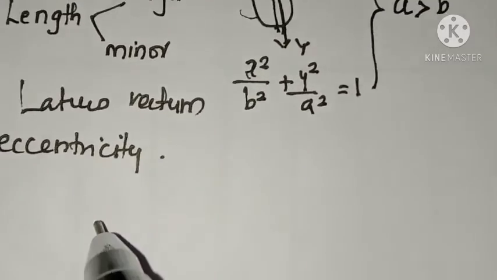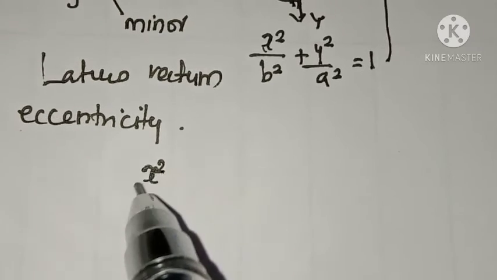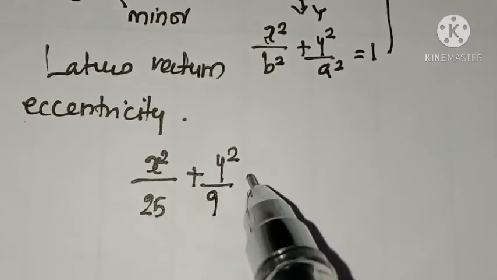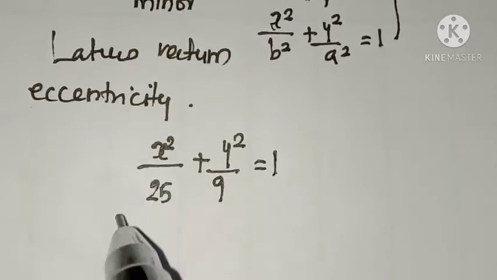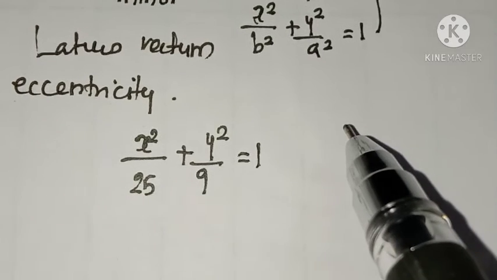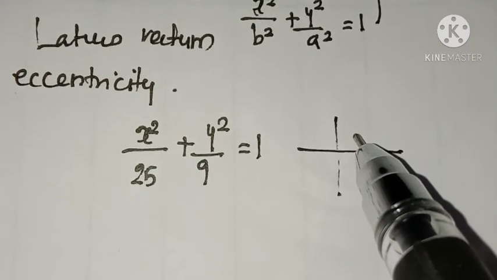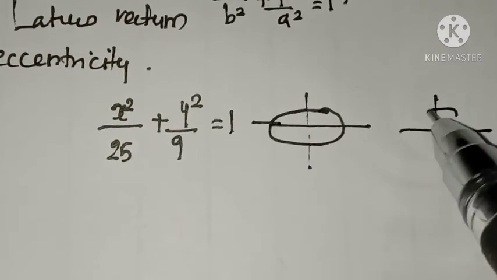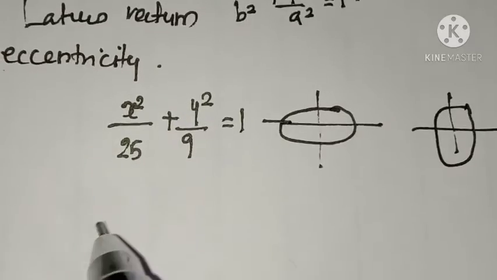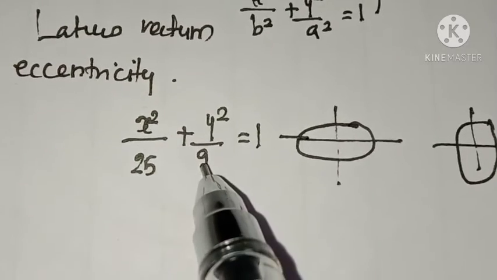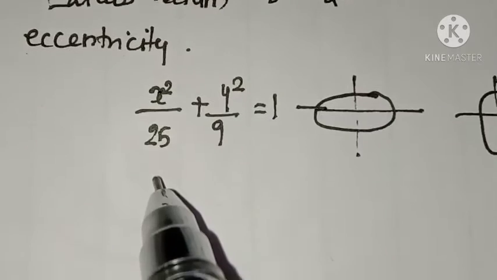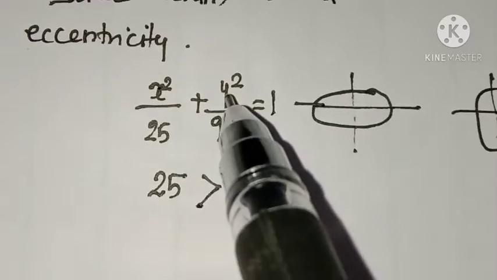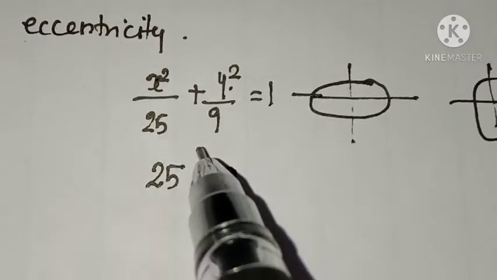So, our equation is x square by 25 plus y square by 9 is equal to 1. From this equation, we can easily find whether it is a horizontal or vertical elliptical form. For this, look at the denominator. Here, the denominator of x square is greater than the denominator of y square, isn't it?